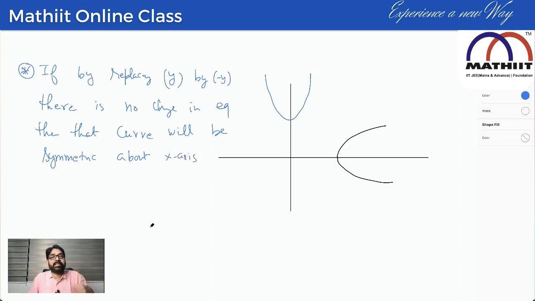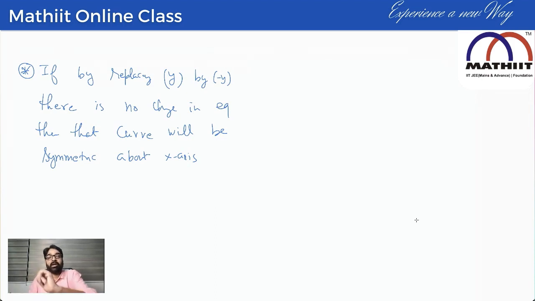If by replacing y by minus y there is no change in the equation of the curve, that kind of curve will be called symmetric about which axis? X-axis. Meaning, please concentrate, a very important point we are going to learn. Suppose I say y square equal to x.